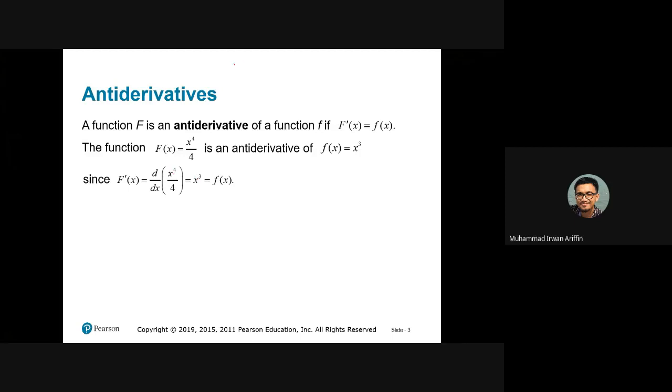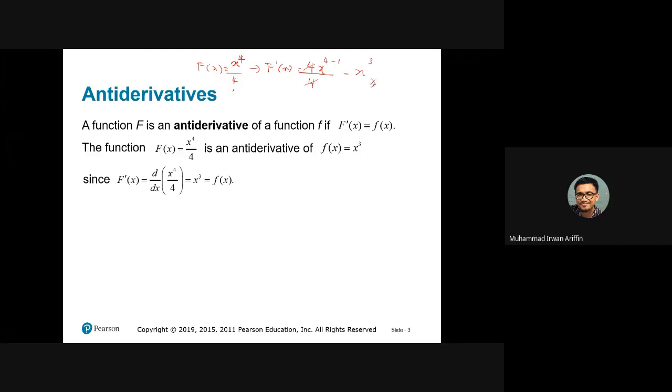If this is our big F and we differentiate it, we bring 4 to the front, and then we have x to the power of 4 minus 1, divided by 4. The 4 cancels out, so we have x to the power of 3.